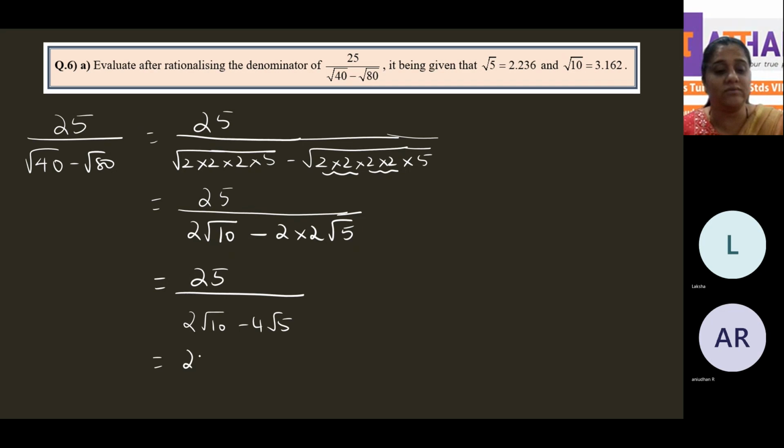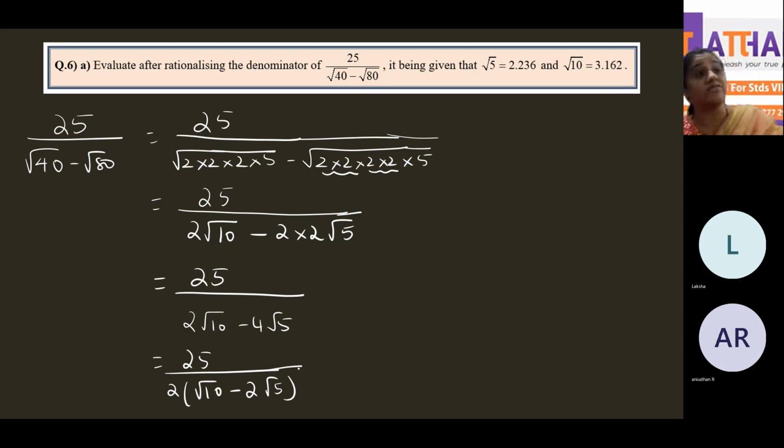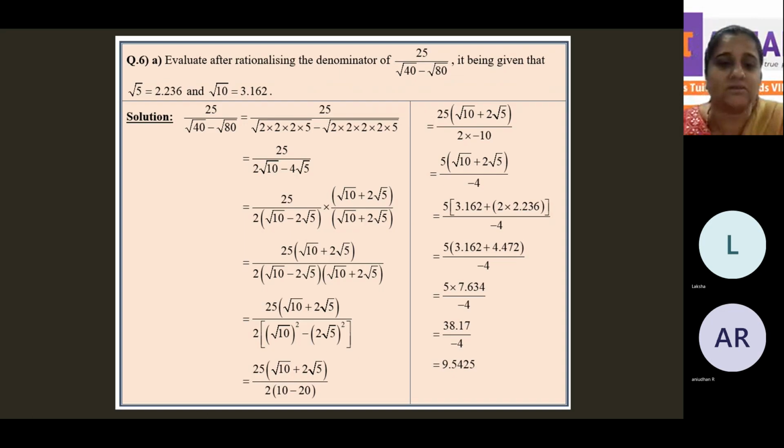So it is 25 divided by 2 common, root 10 minus 2 root 5. You must do this and then rationalize the denominator, because you were able to write root 40 as 2 root 10 and root 80 as 4 root 5. You must do this and then proceed with the rationalizing. So see here, you can see the answer here.